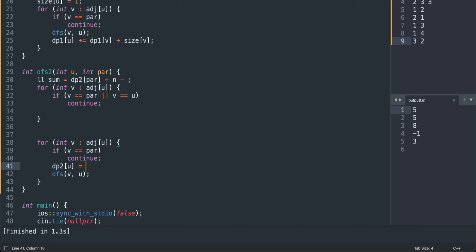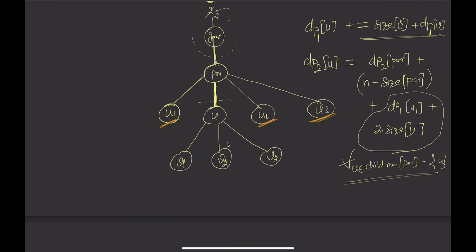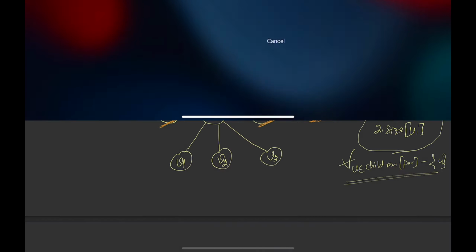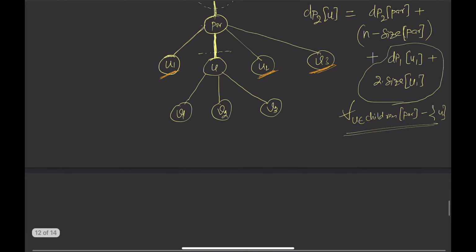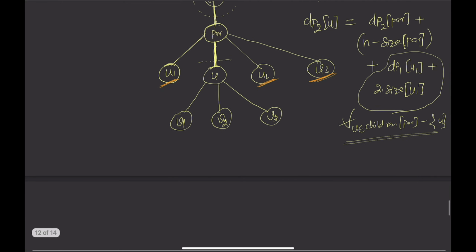What is the dp2 of u here? Is nothing but... yeah, I think I got this, how to write this. So can I say, when I'm calculating for u, so when I'm calculating for v1, so u is my parent, right?